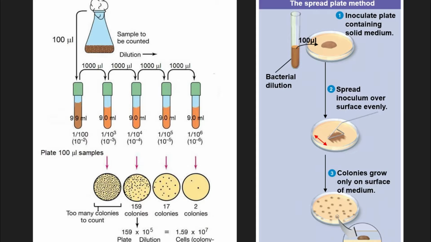Those streak plates take in one single loop full of microorganisms, which is typically around 10 microliters of fluid from the sample. And when you smear that over the primary zone of a plate, you get so many bacteria there that you can't distinguish individual colonies, and there's so many that you can't count them.